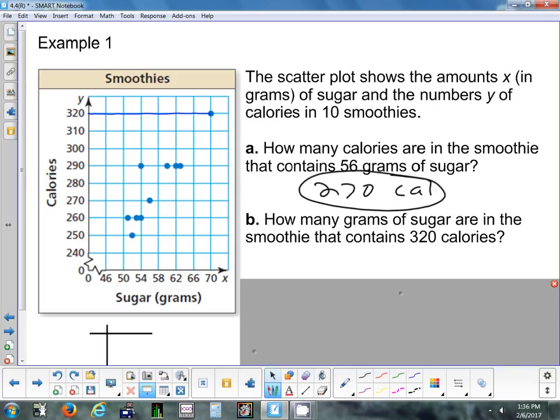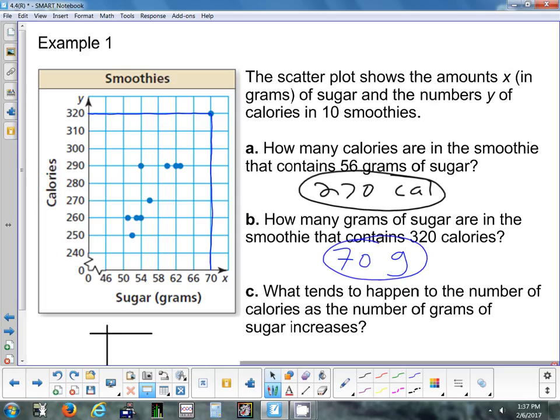Yeah, and now from that point, just draw a line or just look straight down, and you can see that if the smoothie has 320 calories, it's going to have 70 grams of sugar. Okay, so just put 70 grams. Okay, a lot of our answers today, because we're working with scatter plots, are going to have a label. Grams, calories, hours, okay, something like that.